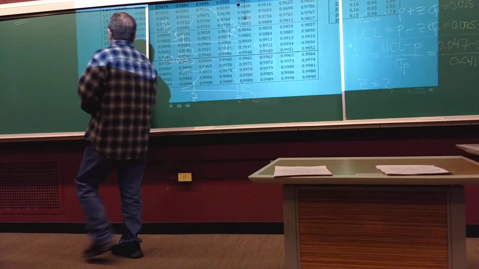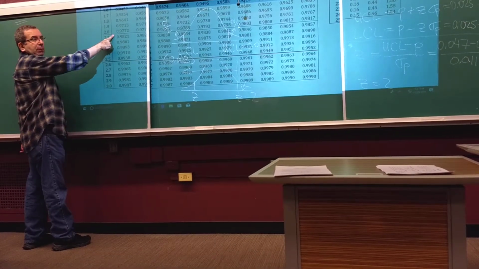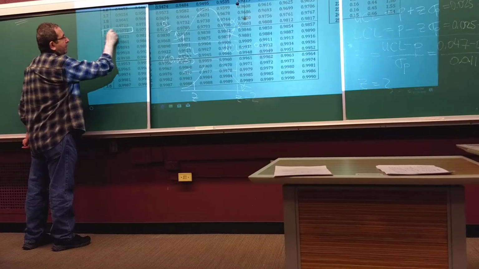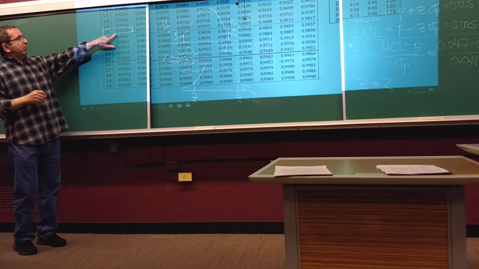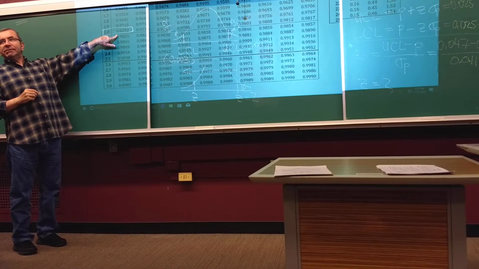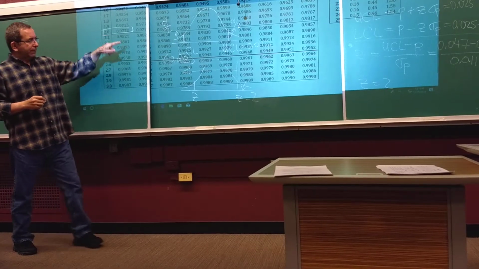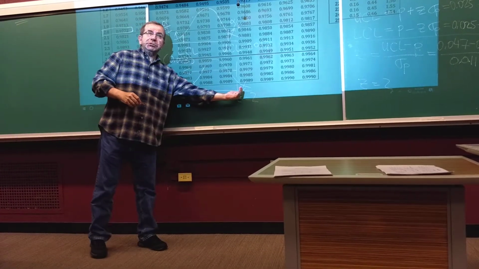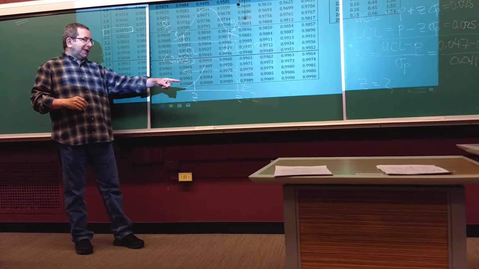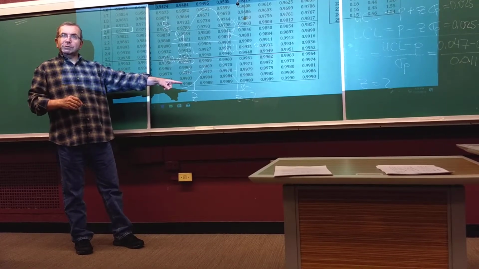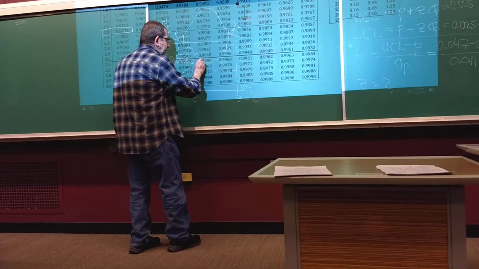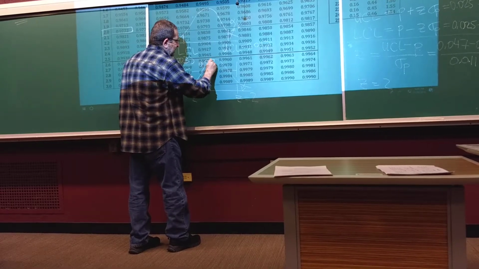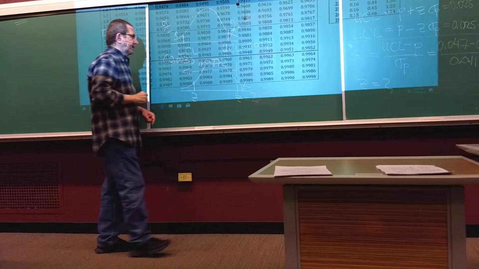So 2. It says 0.9772. So the area under the curve to the left of z equals 2 is going to be 0.9772.